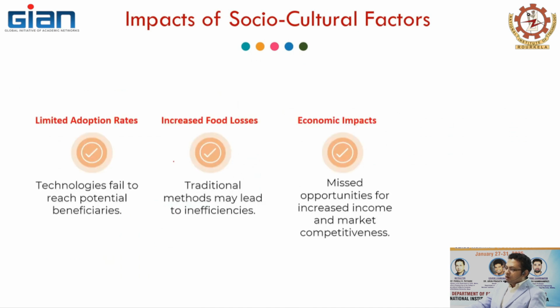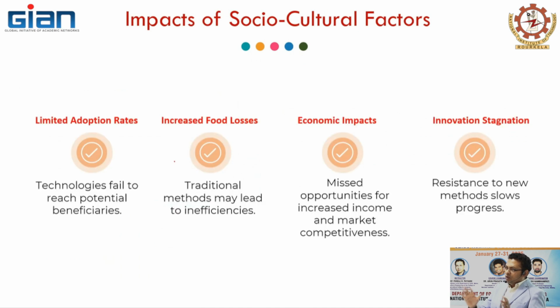So when we talk about all the socio-cultural factors, we can summarize this way. One is the adoption rate, because the adoption rate is still quite low, so it's not reaching the consumers.